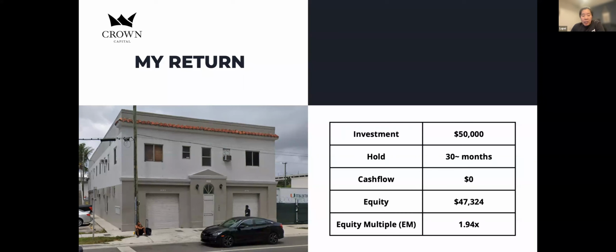We have not had any distribution because all the income is being put back into the building for renovation. So there has been zero distribution. This is completely an equity play, right? You get your money at the end at exit. So essentially, I almost doubled my initial investment in about 30 months.